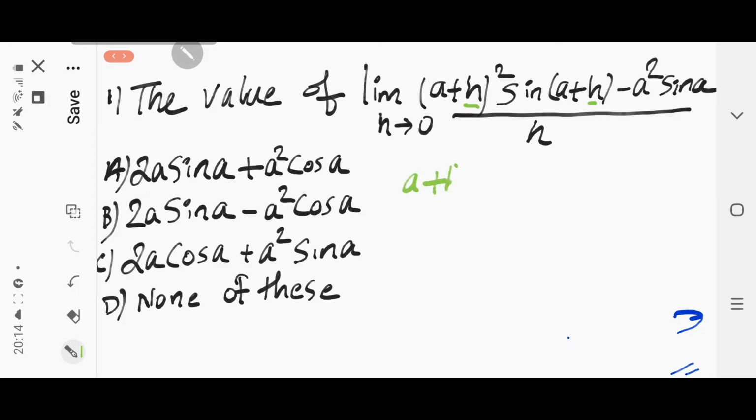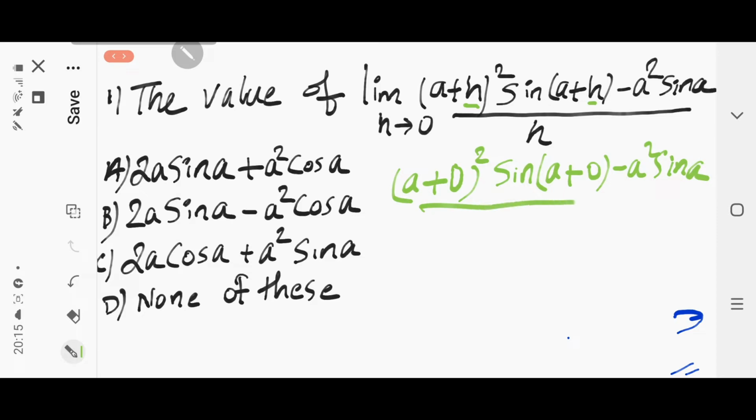Then you can write it is (a plus h) the whole square. Putting 0 in the place of h, it is (a plus 0) the whole square into sine of (a plus 0), minus a square sine a, the whole divided by 0. What is a plus 0? It is a.